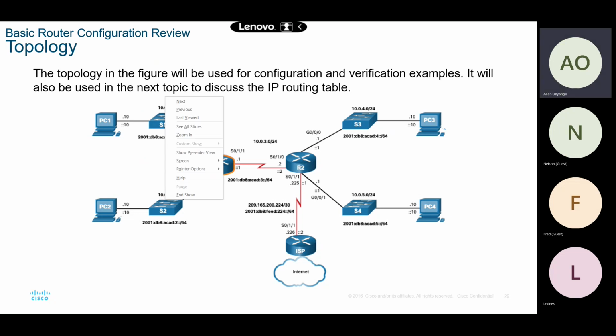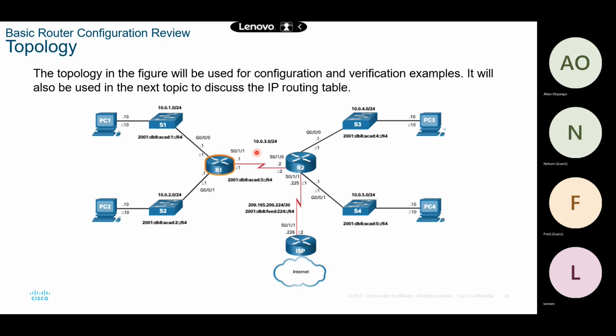And so we say that R1 is directly connected to 3 networks. And you can see that because R1 is attached to 3 different connections, and those are 3 networks, since we said every router interface connects to a different network.